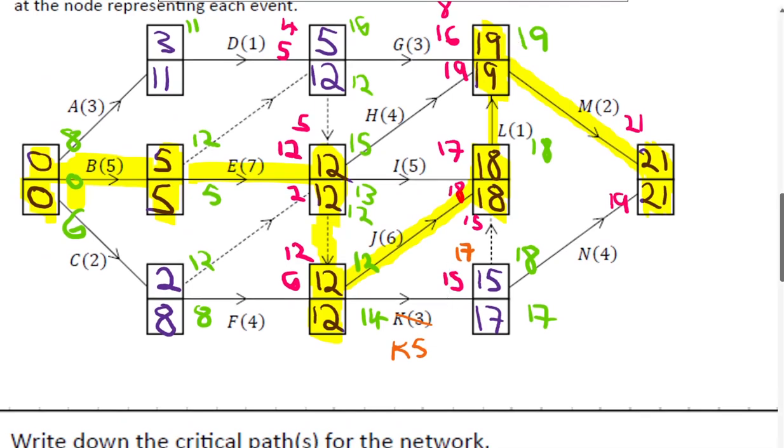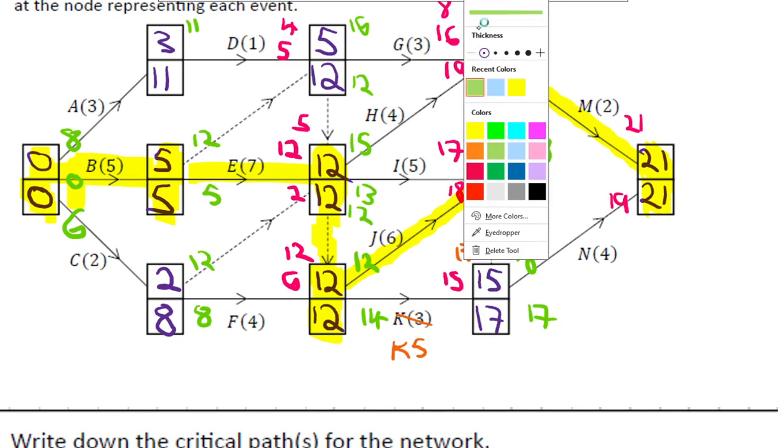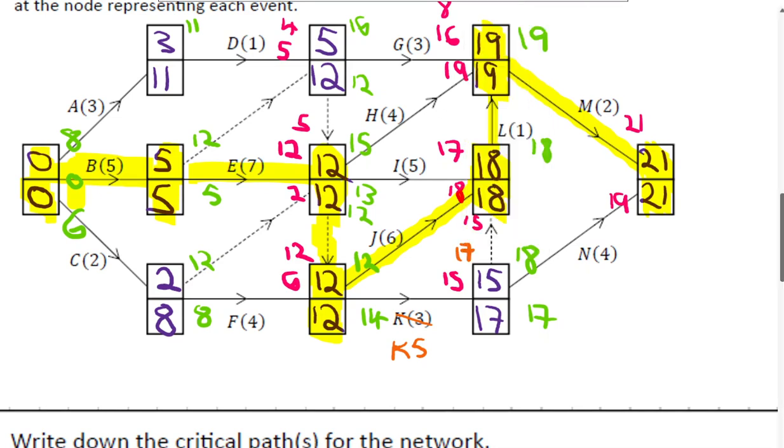I will just look at in green, if it will let me. So if this is 17 then, 21 minus 4 is 17. So that is critical path. 17 minus 5 is 12, and this then joins up with the critical path we have already.